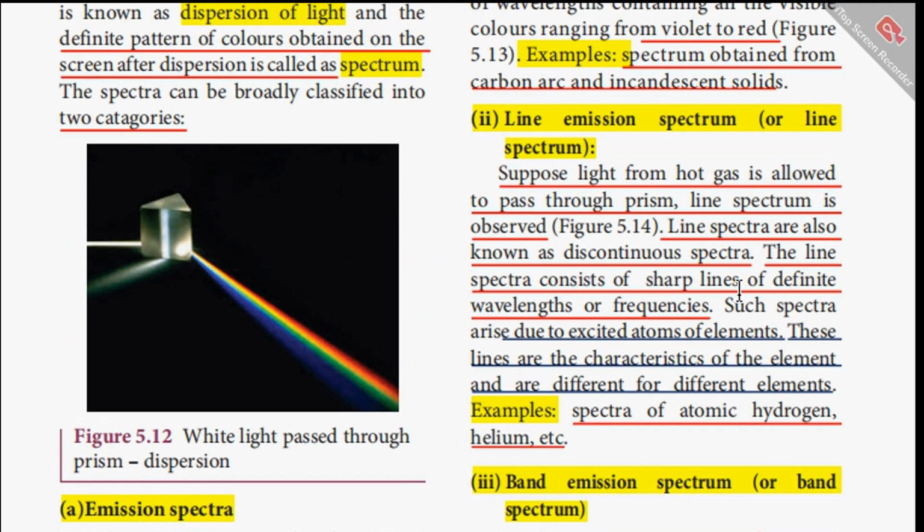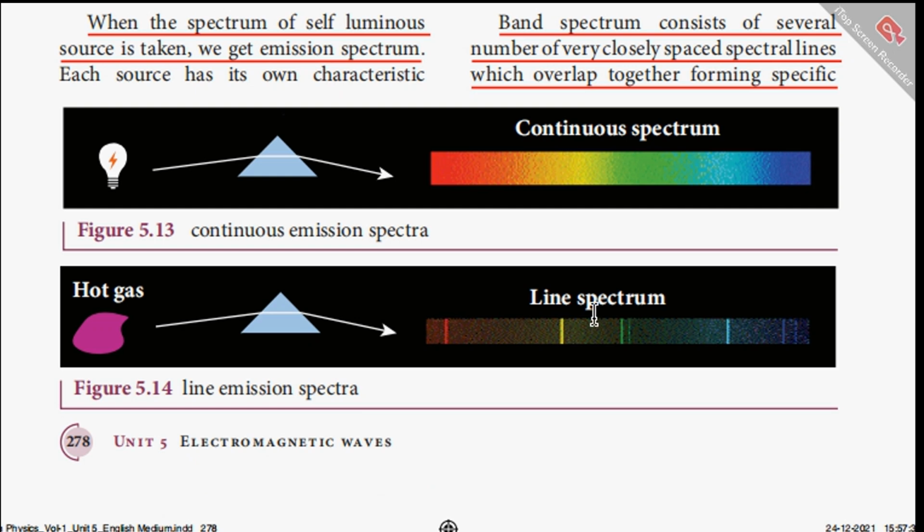Next is the line emission spectrum, otherwise called the line spectrum, which is obtained when light from a hot gas is allowed to pass through a prism. That is given here. Light from the hot gas passes through a prism, and we get a line spectrum which will have different colors shown as lines like this: red, yellow, green, blue.